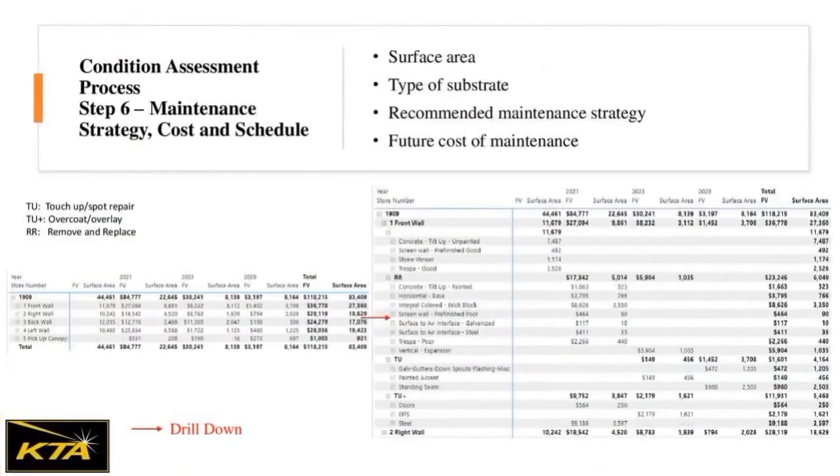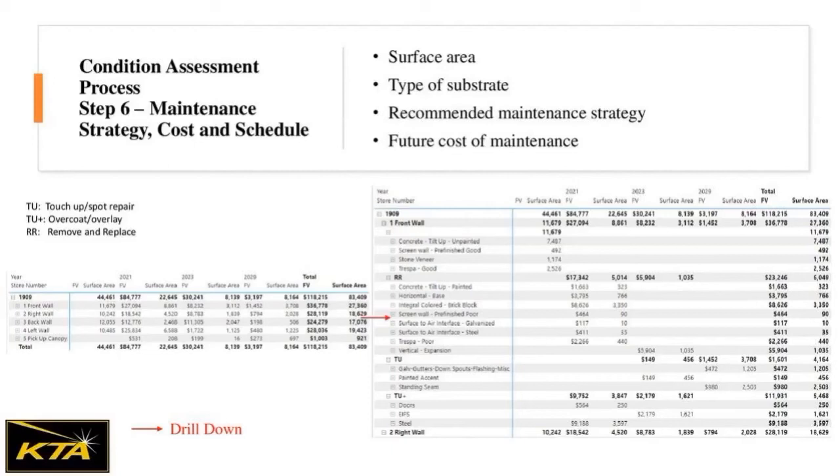So step 6 of the condition assessment process basically involves summarizing the maintenance strategy, the future value cost, and the optimal maintenance schedule for the facility, or facility sub-items or components. This slide shows facility 1909, summarized after being processed in CAP.